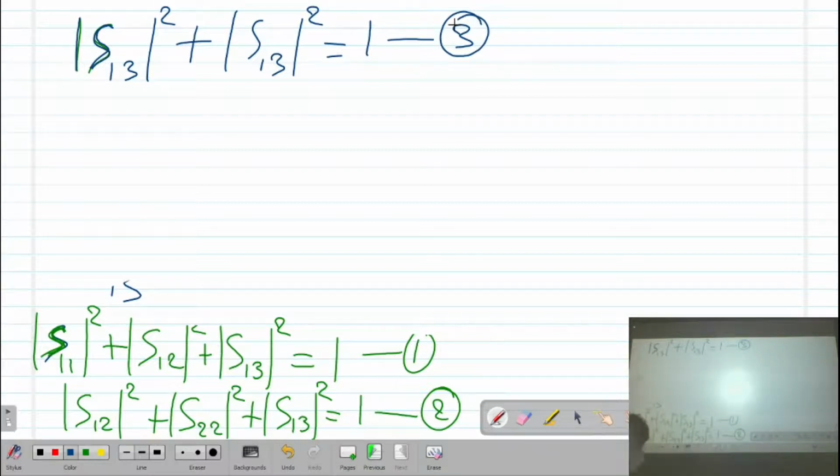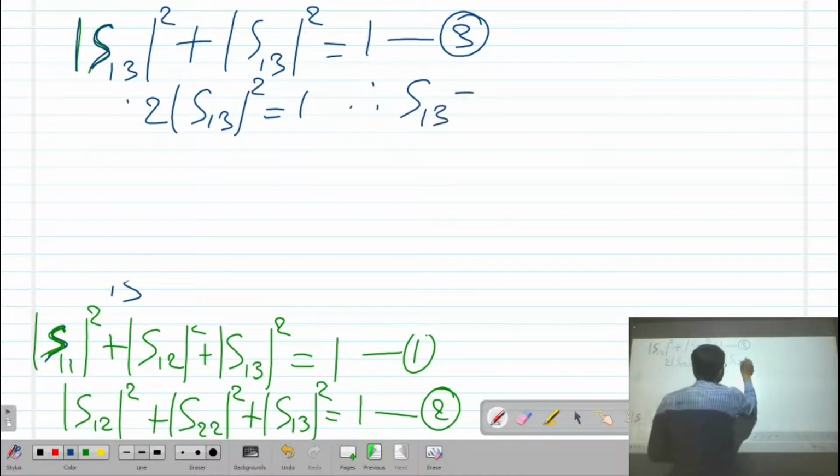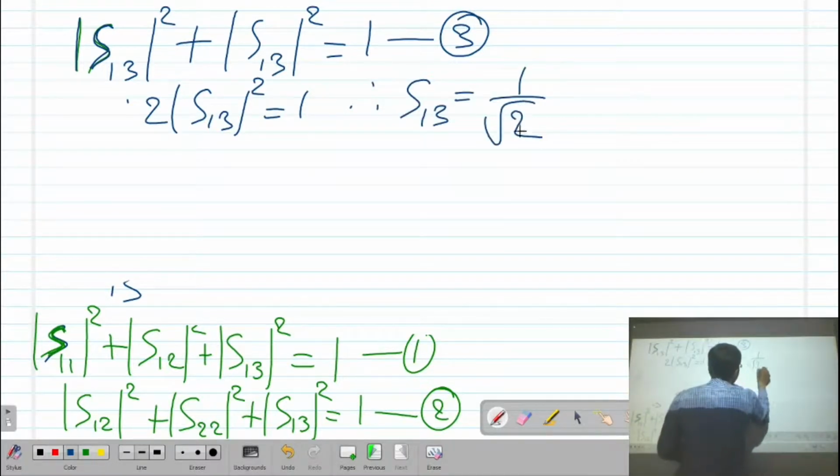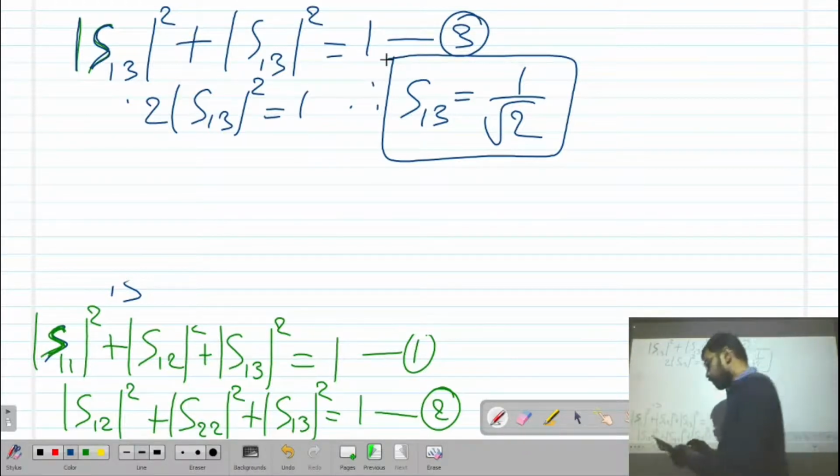This is equation number 3. And we will have 2 S13 whole square is equal to 1, therefore S13 will be equal to 1 by root 2. Remember this equation, S13 will be equal to 1 by root 2.